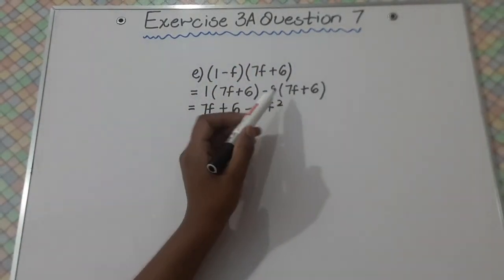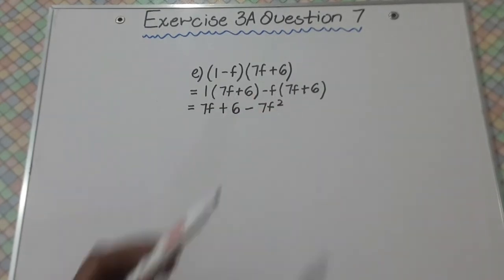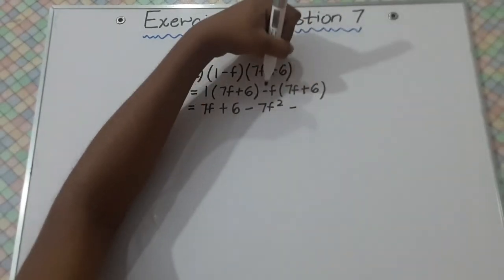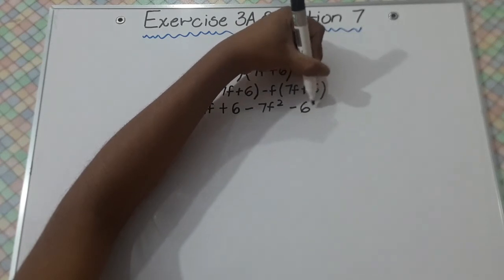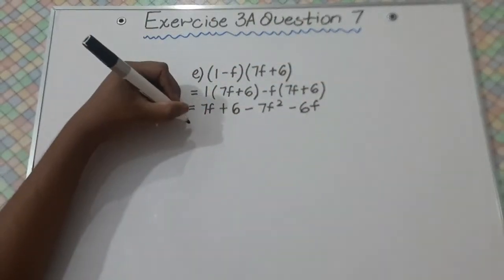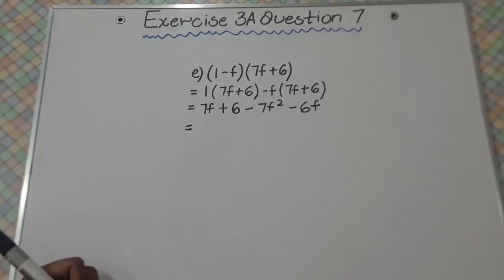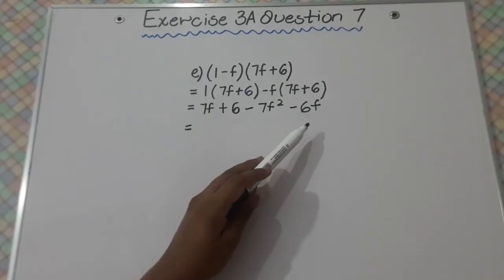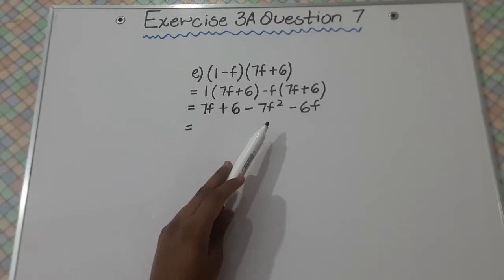Now 7F multiplied by 6 would be 6F, minus plus is minus 6F. Now we are going to check the commons. So 7F and 6F are common, and 6 and 7F square do not have any common in it.